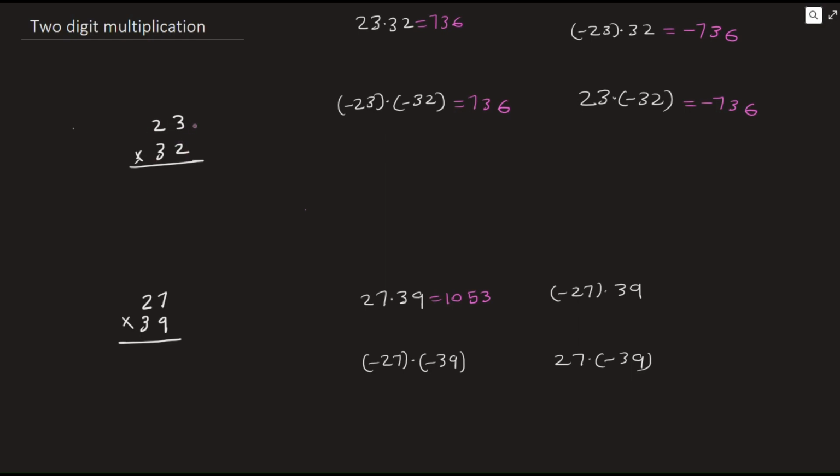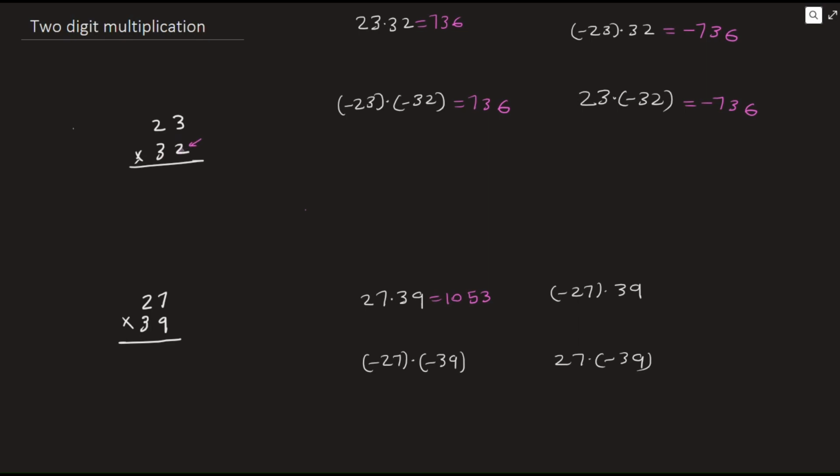So how do I do it? I write the numbers one below the other, so that the ones come one below the other and the tens come one below the other in one line. And then I form partial products. So the first partial product is 23 times 2. This 32, I have 2 in the units place, and I multiply this 2 with 23.